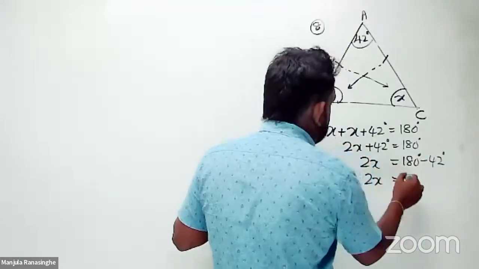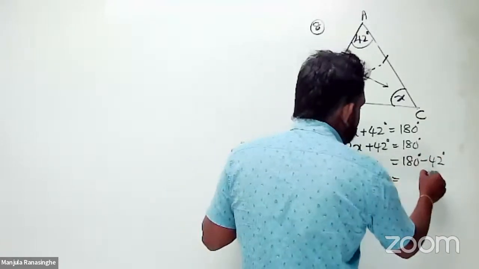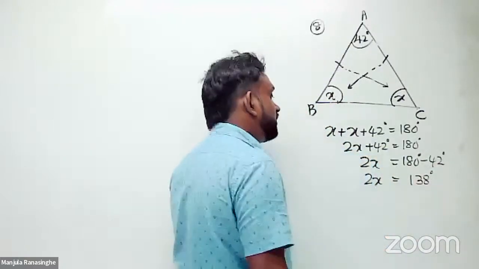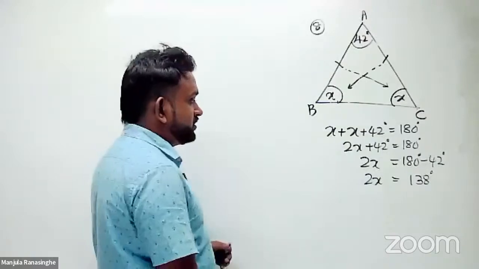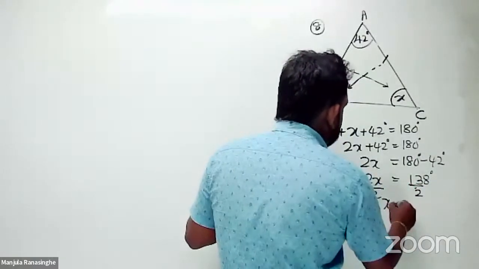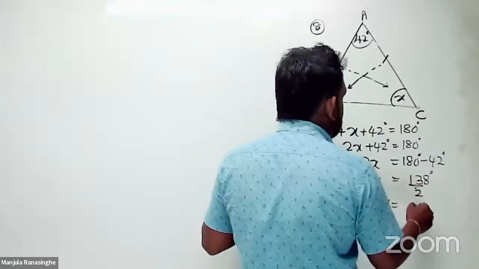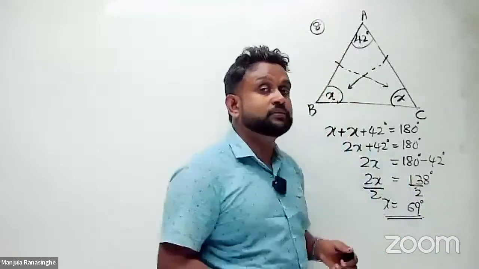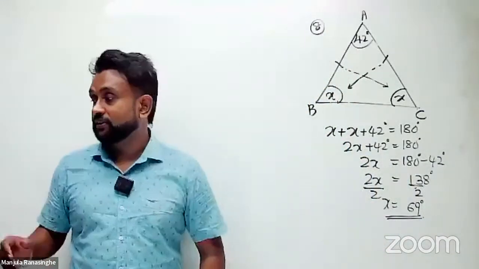So 2x equals 138. Then make x the subject, divide both sides by 2, then x equals 69. So x equals 69 degrees.